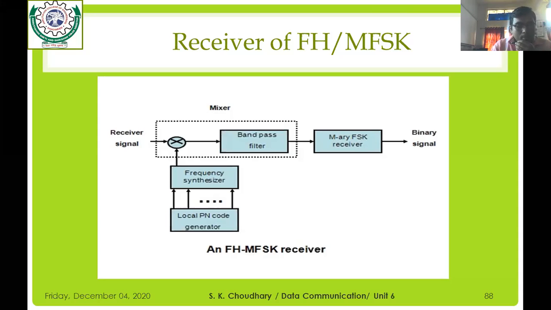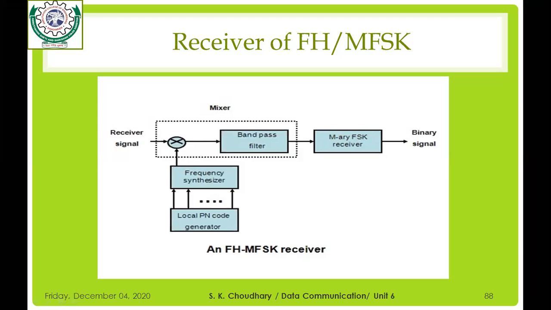Okay, so due to the large bandwidth occupied by this FH MFSK signal, coherent detection of this signal is possible with each hop. This is because for coherent detection, phase synchronization is needed, so the locally generated carrier must be the same as the carrier used on the transmitter side.